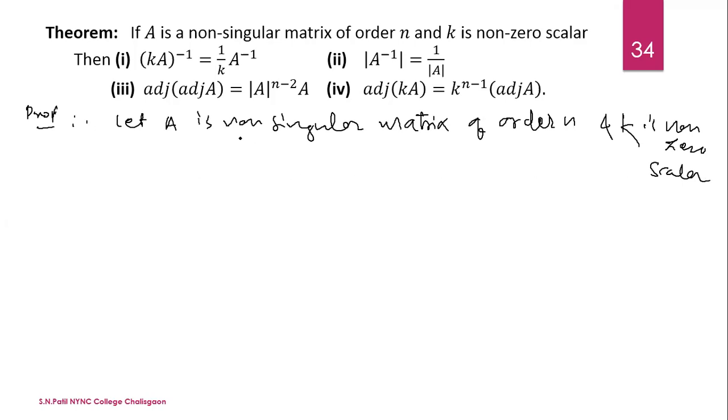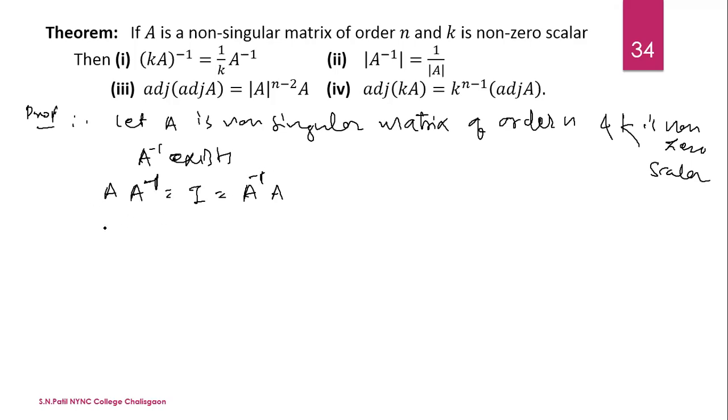If A is non-singular, definitely A inverse exists. Now we have the relation A into A inverse is equal to identity matrix, A inverse into A. We know this relation.